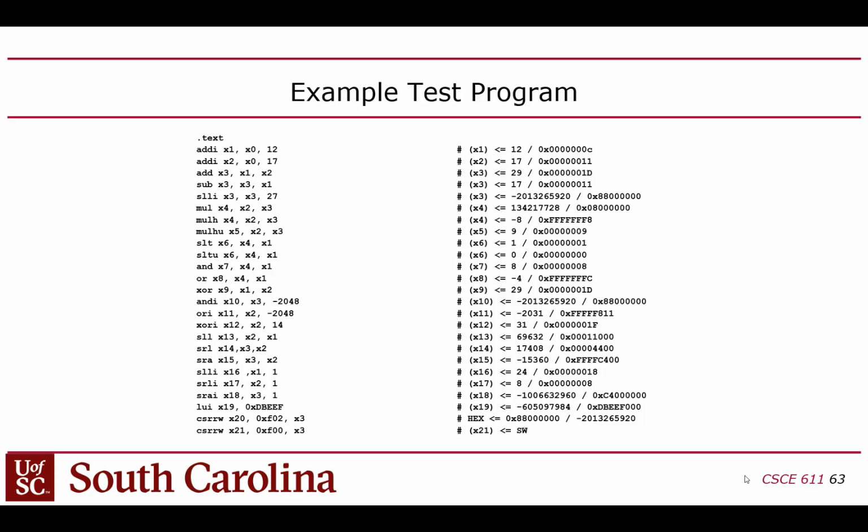QuestaSim is assuming an ASIC, so it's not going to initialize your register file to zeros as on the FPGA. So when you look at your registers in QuestaSim, they're going to start out as red lines, and then as the program runs, they'll get set, in like 40 consecutive cycles, they'll fill in. You guys with me? Okay, so that's a test program, and we want you to run this to test.